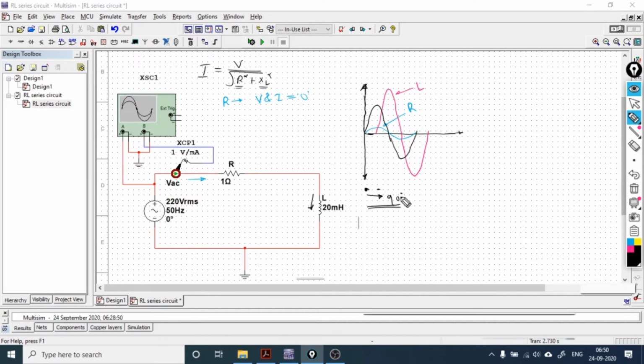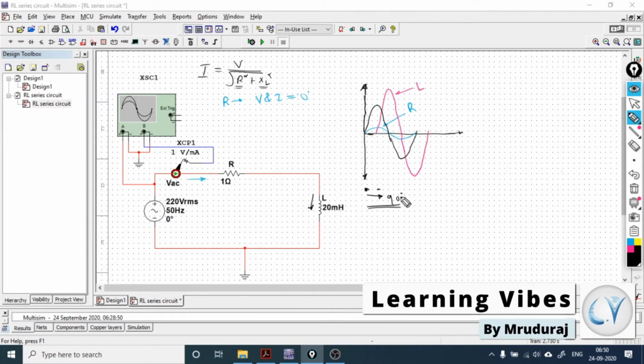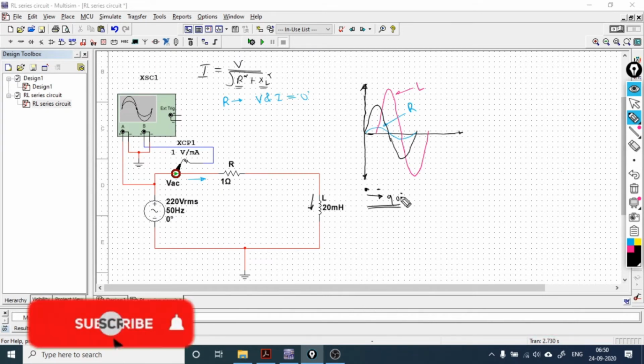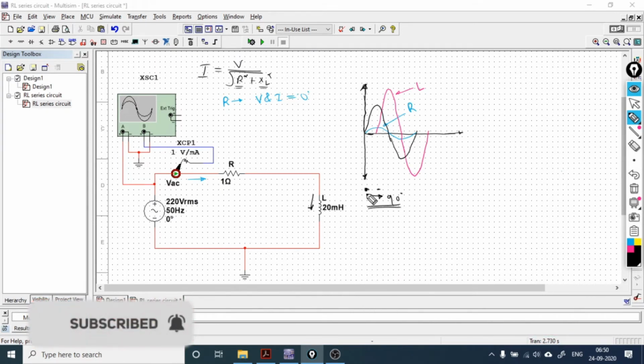So this is what happens when the circuit is purely inductive. Current lags behind the voltage by 90 degree, and when the circuit is purely resistive, current will become in phase with voltage.